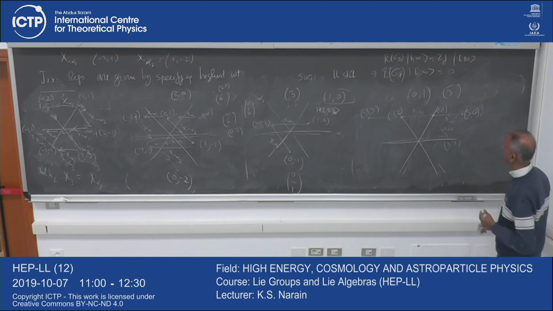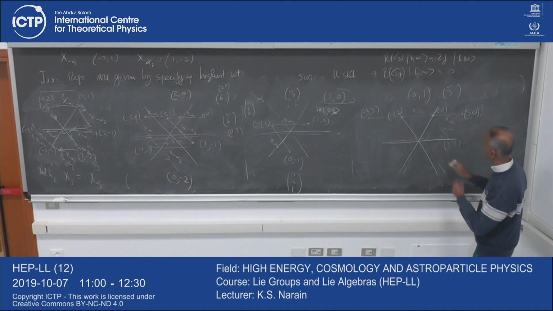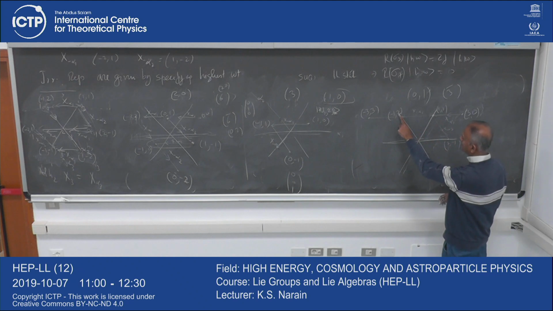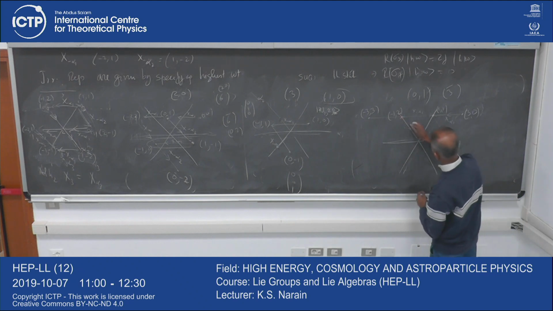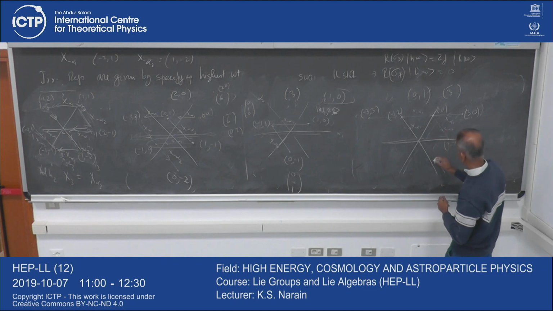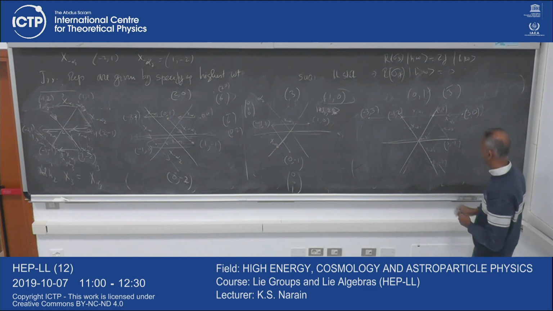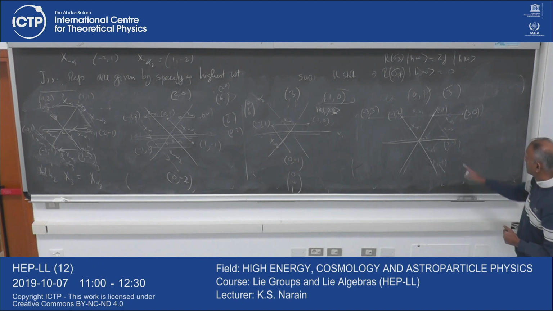And then it stops here because it's a doublet. Now here, this is a triplet. So I apply x minus alpha 1 and x minus alpha 1. So here you get 0, 0, and here you get 1 minus 2.